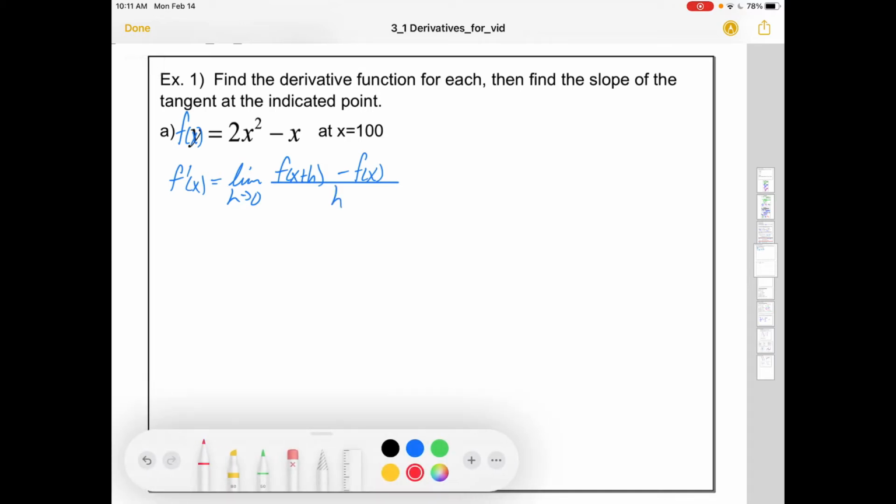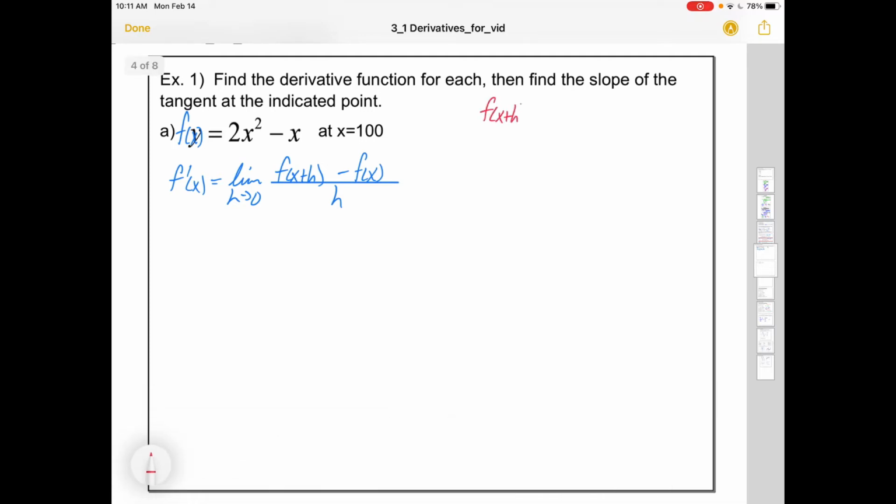So I already know f of x. That's great. Off to the side, I'm going to have to figure out f of x plus h. And we've kind of gone through this before where we put in a plus h. But all it's telling you is wherever you see x in here, you're going to put in x plus h. Okay, so let's do that. 2(x plus h) all squared minus (x plus h).